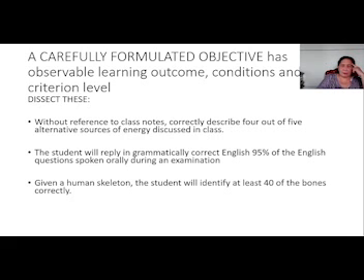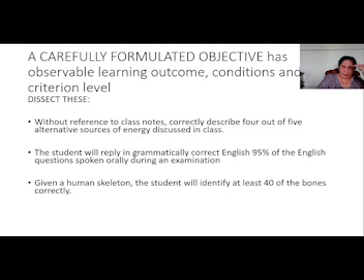Let's dissect this one. What's "without reference to class notes"? That's the condition. "Correctly describe" is the observable learning outcome. Can you see a person describing? All right, so that is observable.